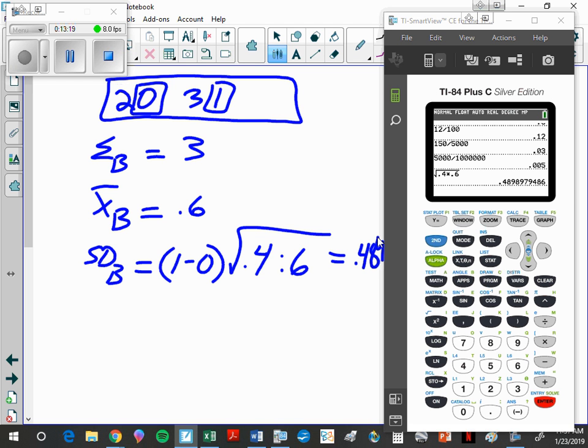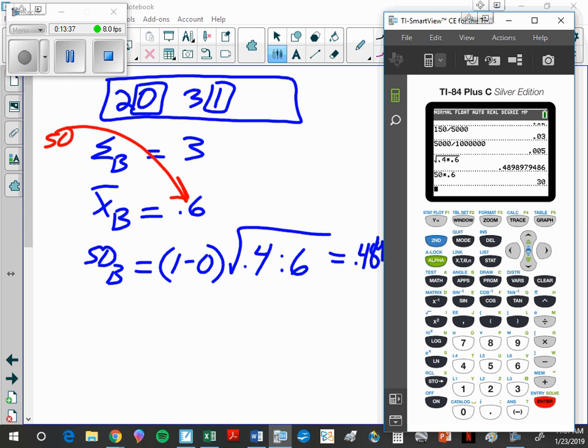50 draws are made at random with replacement from this box. The expected number of ones is going to be 50 times this. So 50 times 0.6.